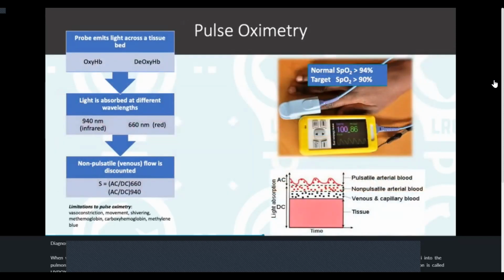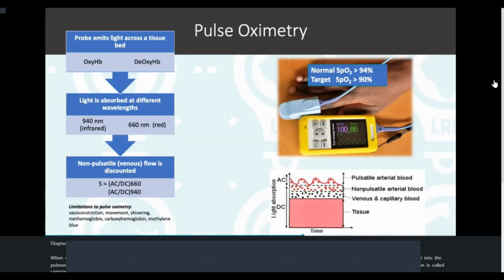Pulse oximeters measure arterial oxygen saturation, termed SpO2. Hemoglobin bound to oxygen is termed oxyhemoglobin. Hemoglobin not bound to oxygen is termed deoxyhemoglobin. Pulse oximeters shine light through tissue beds, usually a finger, a toe, or an earlobe.